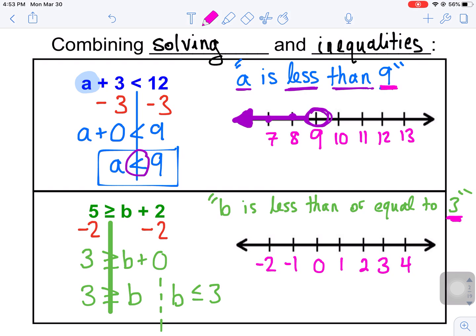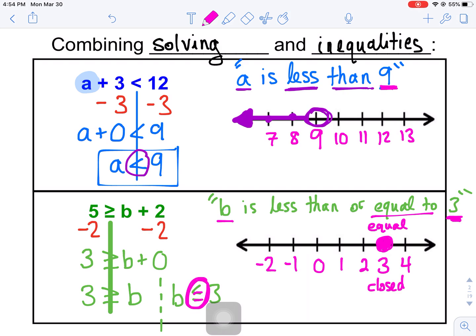From Miss Maloney's lesson, you remember that when you see a symbol like this, where the less than has this equals sign under it, we can do a closed circle at that number to show that B can be equal to 3. So it can be equal to 3, so that's why we put a closed circle at 3.